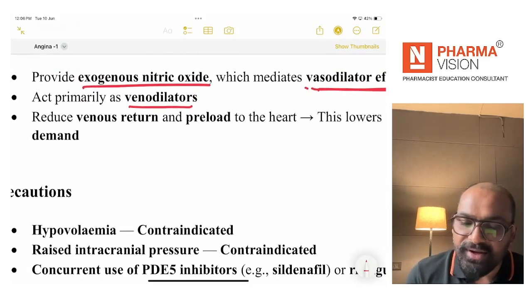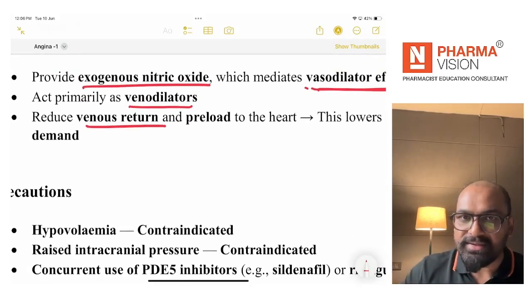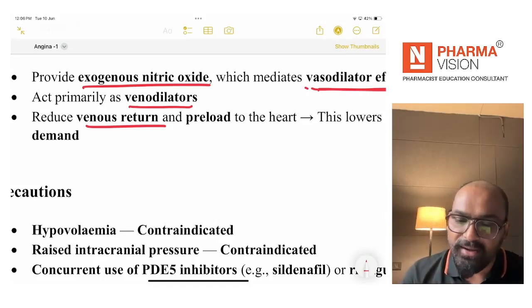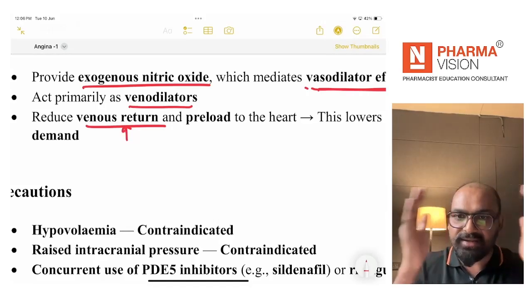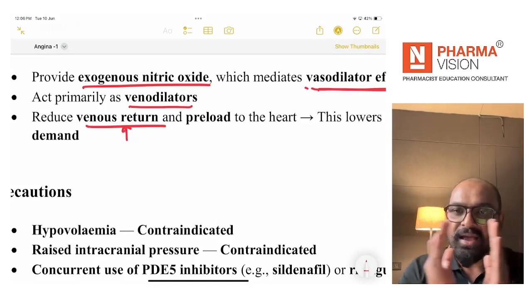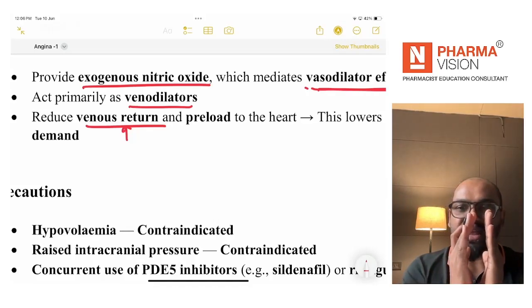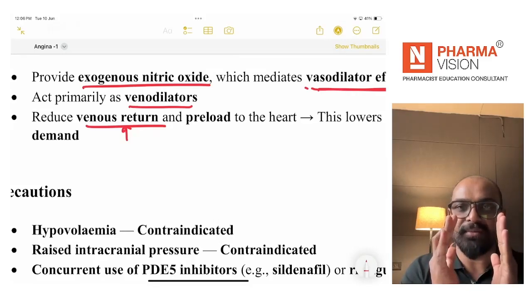Reduced venous return means the fluid returning to the heart is reduced, because it accumulates in the veins. Earlier the veins had a capacity of holding 2 liters. Now they become bigger and can hold 3 liters of fluid in the peripheral system.